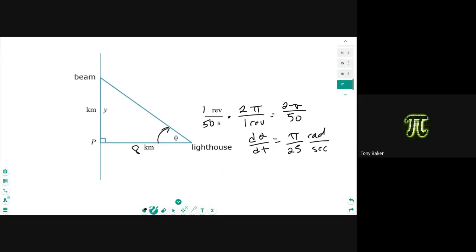All right. Now we have to set up a relationship between theta and y, because that's the value I'm looking for. That would be opposite over adjacent, so it's going to be tangent. Tangent of theta equals y over 8, or 8 tangent theta equals y.